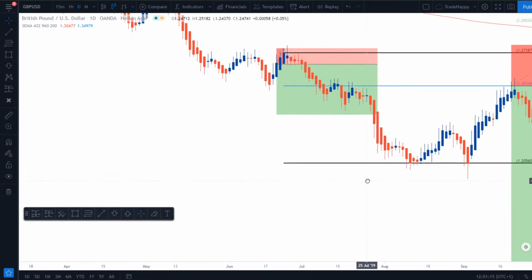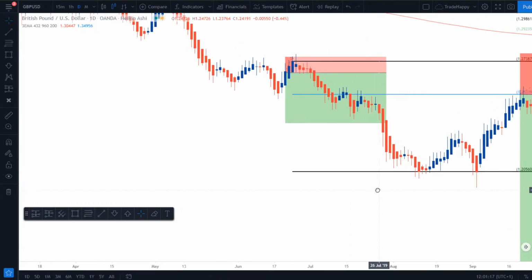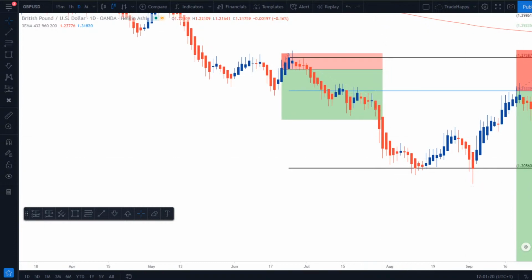I would even move my stop loss to break even here, or even here. So once I get this move down, I'm confident that trade is going to be a winner. So what I would do is move my stop loss to break even, and possibly even take 10% or even 30% of the position off, scaling out of the position.